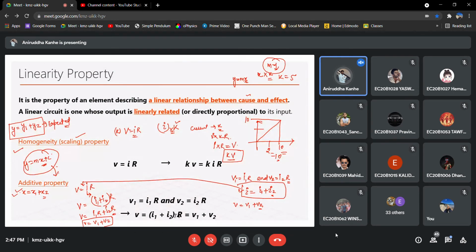Let us now substitute the x value here. You will get y equals m times (x1 plus x2) plus c, and then you end up with m·x1 plus m·x2 plus c, and you can see there is a constant which is not satisfying the other part.